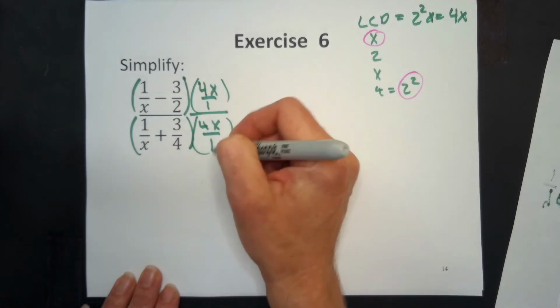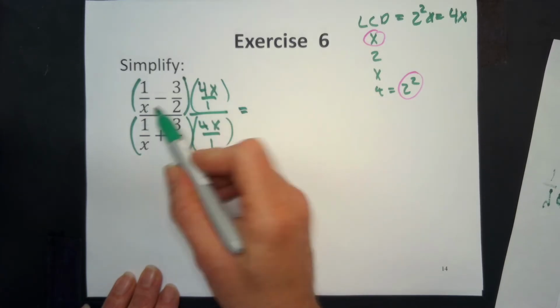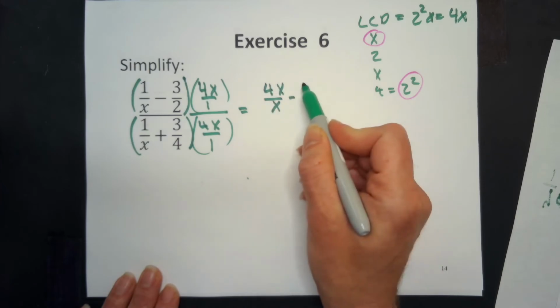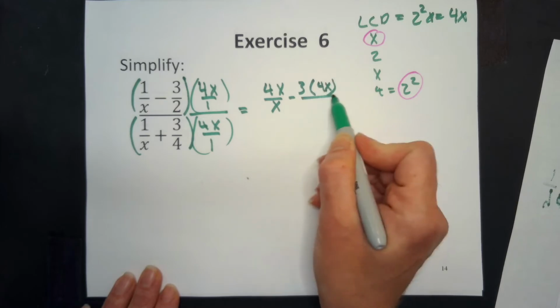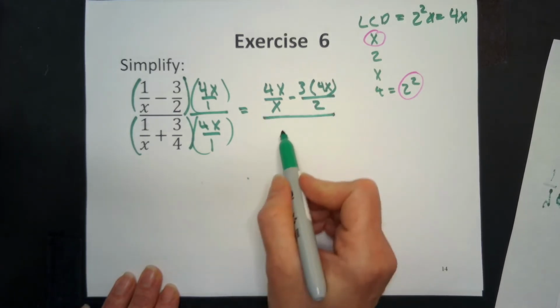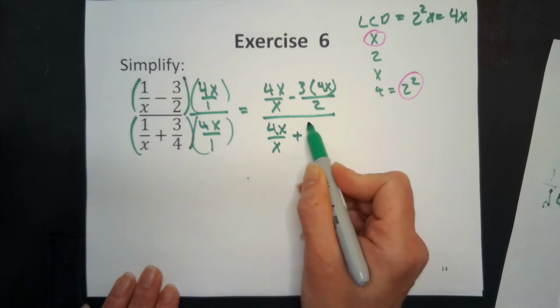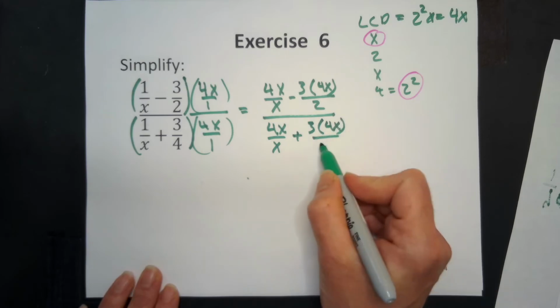And remember, this is essentially multiplying by 1. I haven't changed the value of anything. So now when I multiply this across, I'm going to get 4x over x minus 3 times 4x over 2, all over 4x over x plus 3 times 4x over 4.